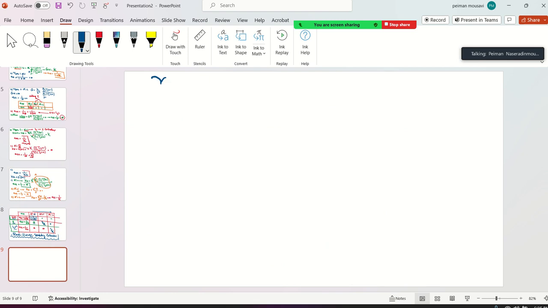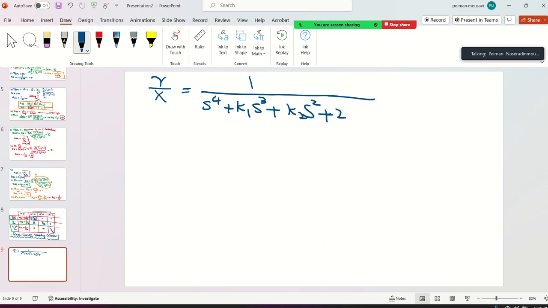Suppose you have a closed-loop transfer function with a denominator like s to the fourth plus k1 s cubed plus k2 s squared plus and so on. You have a fourth-order system.